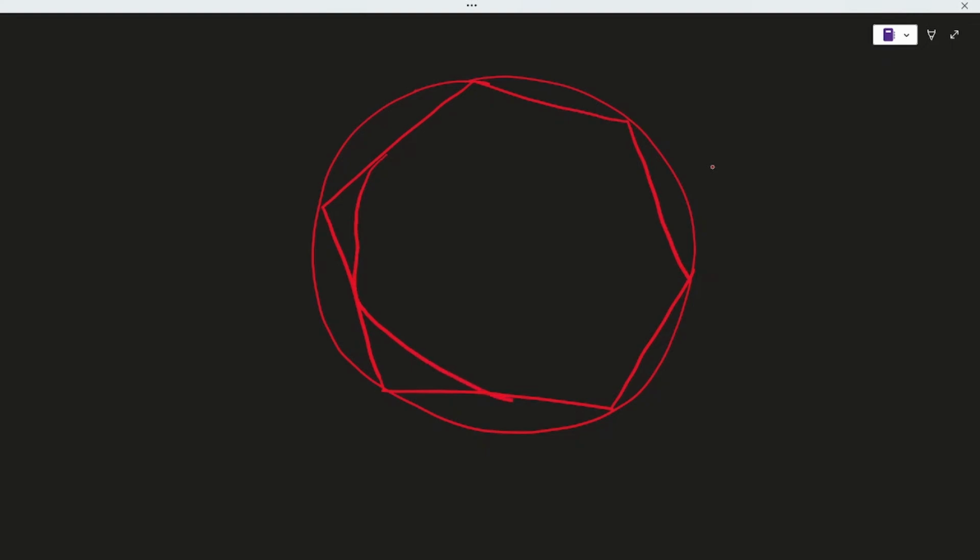If it is an even-sided regular polygon, a circle can also be inscribed in it. And the centers of the incircle and circumcircle will coincide. Call this point O.